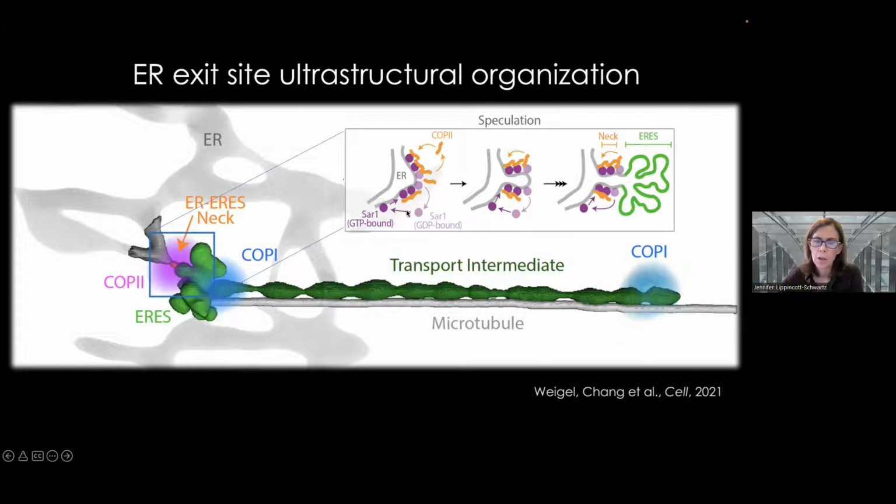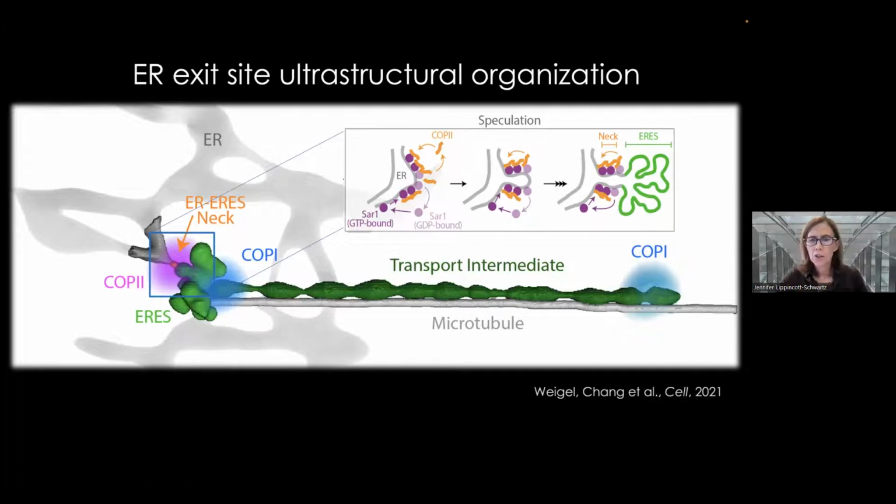And so in yeast and other biochemical assays, the COP2 coat has been shown to be able to bud vesicles off of membranes. That's really created the whole foundation of our thinking of vesicles budding from ER to Golgi and Golgi to plasma membrane, et cetera.